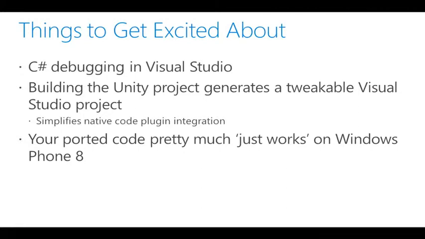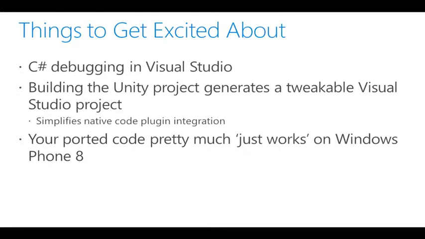Because now, if you're integrating all of the Prime31 plugins or Windows 8 specific support plugins, all this can be done much more easily after the Unity build process completes. So you can go ahead and modify that Visual Studio project, fix up references, insert additional code, add other plugins, and then go ahead and customize and build. That's really, really convenient.